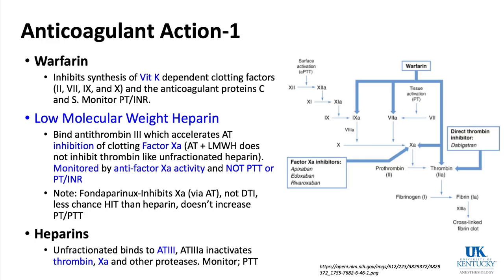So low molecular weight heparin inhibits factor 10A via antithrombin 3's effect, not having its effect on thrombin itself. We monitor low molecular weight heparin's effects almost never, but if you needed to, you would monitor anti-factor 10A activity. We would not draw a PT-INR or a PTT.